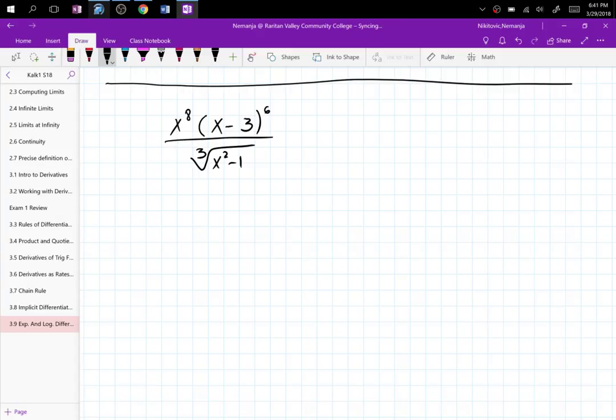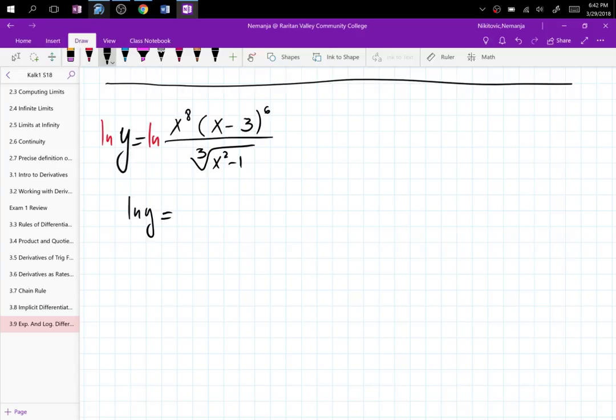All right. So there we go. Now, here's the method. Focus. y equals, and then we put ln on both sides. Now, this next step is to expand everything.